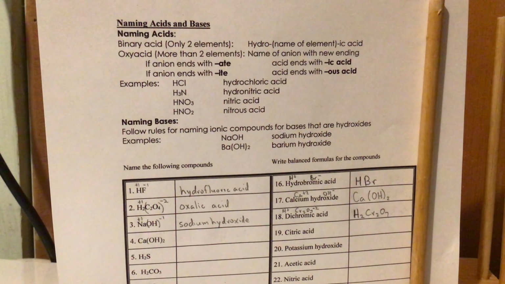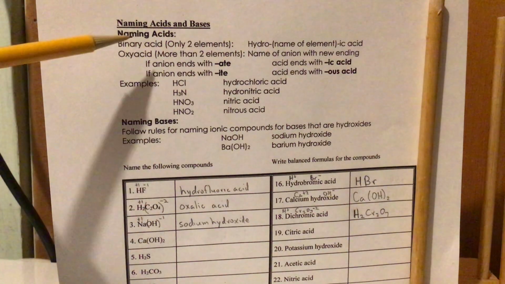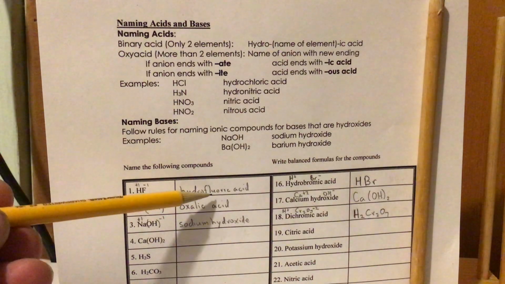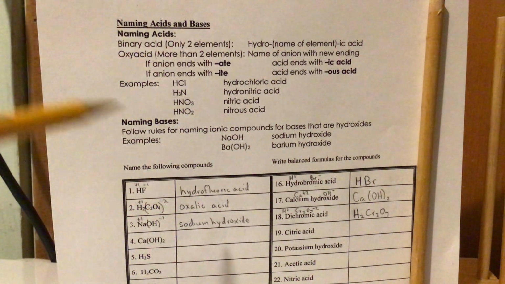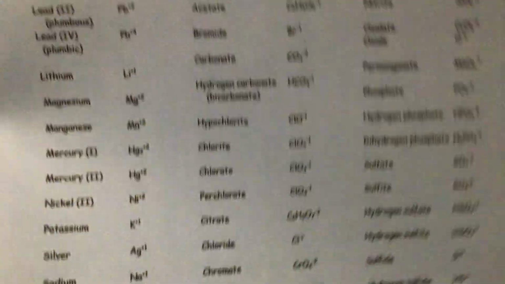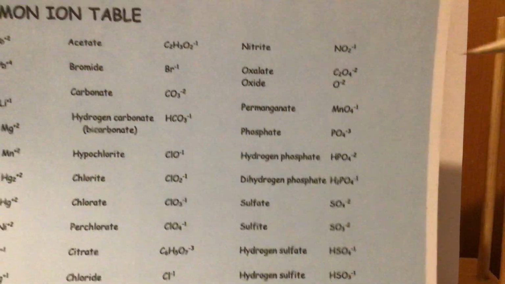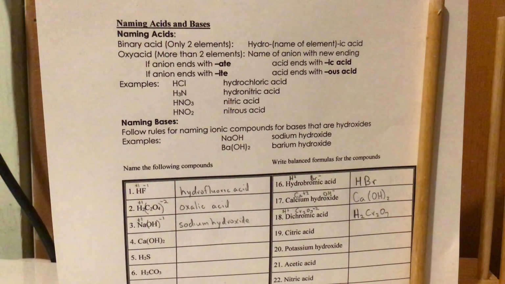All right, let's look at a couple examples. HF is what? It is binary, so I'm going to say hydro, fluoride becomes ic, hydrofluoric acid. Another one would be C2O4. I look on my common ion chart, and I find that that is the oxalate ion, way up here, with a -2 charge.